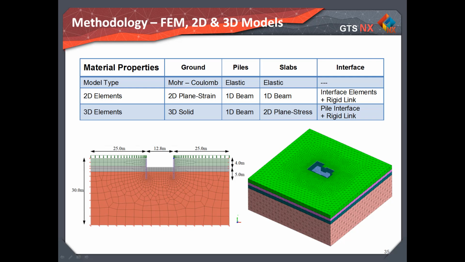The moment of inertia of 600 millimeter diameter contiguous piles at 750 millimeter centers is approximately equivalent to a 430 millimeter thick wall. However, to be consistent with 2D model, this option is not pursued.